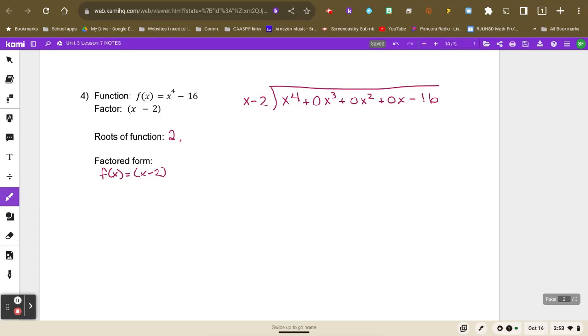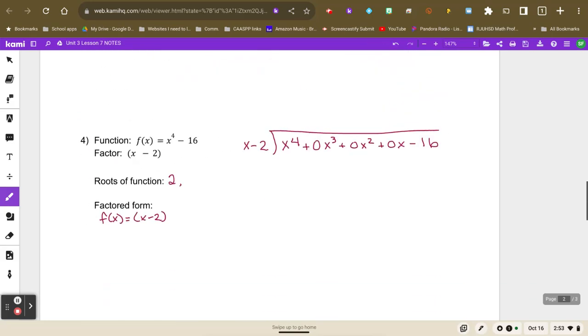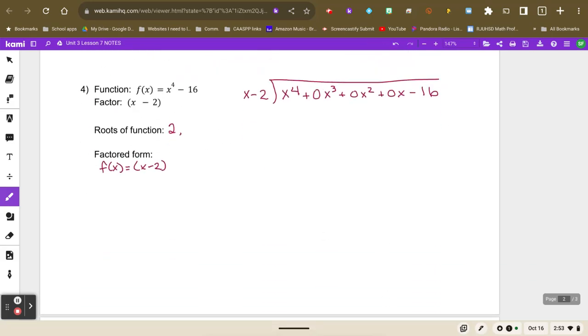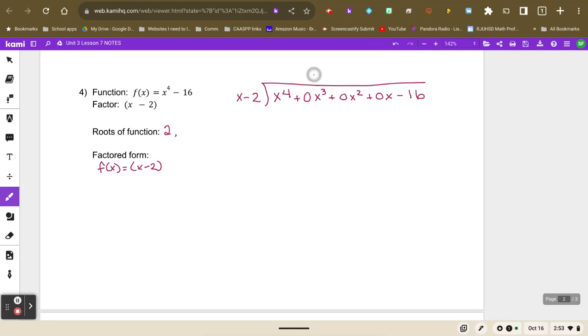So x can go into x to the 4th 3 times. So x cubed times x is x to the 4th minus 2x cubed. We multiply, put parentheses around it, subtract it, and we get 2x cubed. Bring down this one.